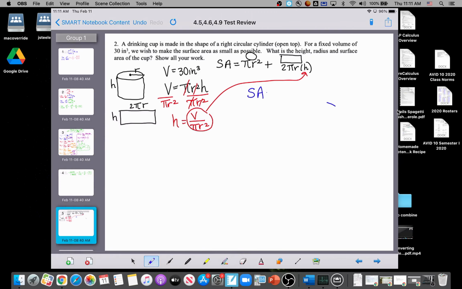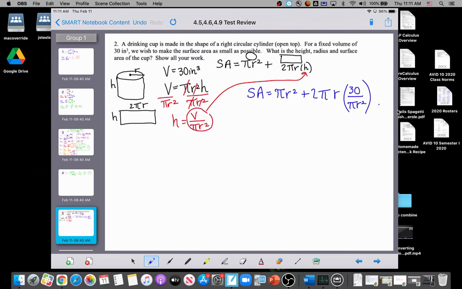So now my surface area is going to be equal to pi times radius squared plus 2 times pi times radius, and then for height, I'm substituting V, which, sorry, I should put V is 30, so 30 over pi r squared.